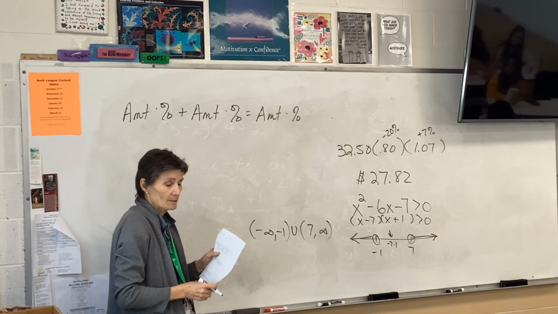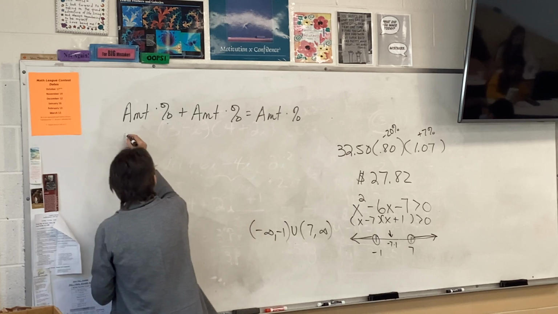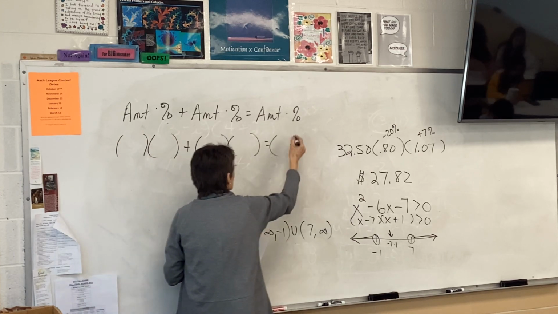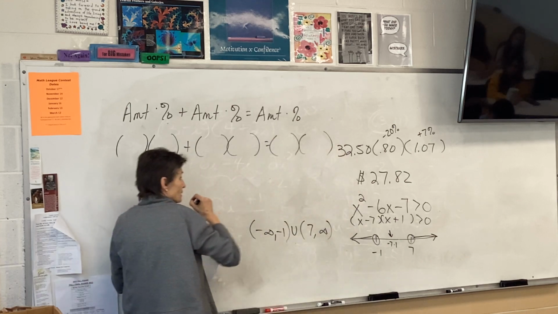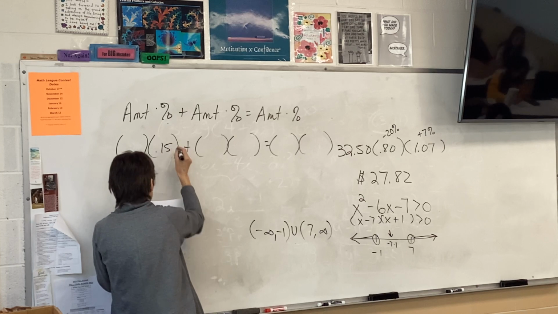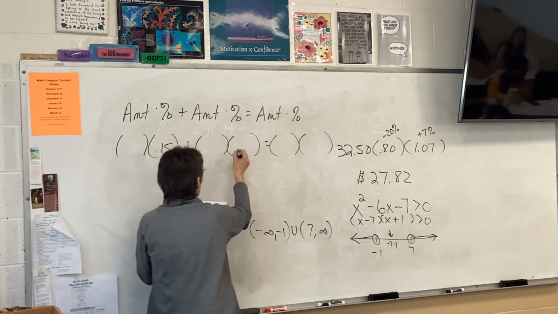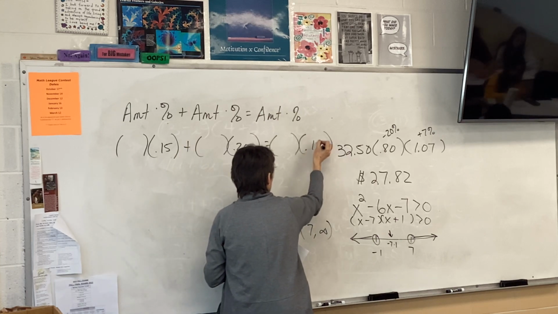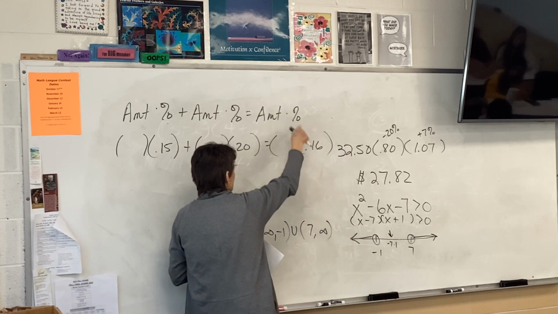Right? So now I start filling stuff in. And always on these, you can fill in the percents. So we've got 15%, we've got 20%, and we want to end up with 16%. This is the end over here.